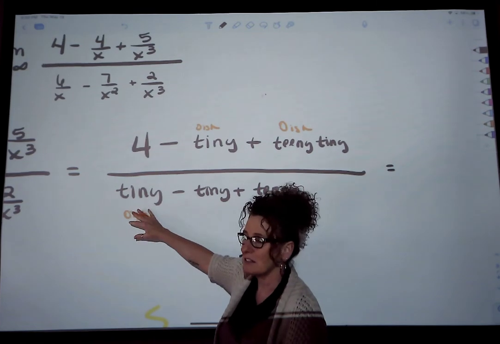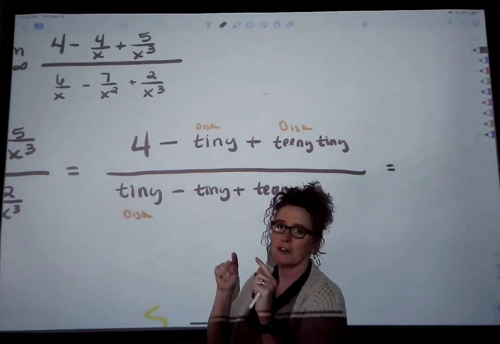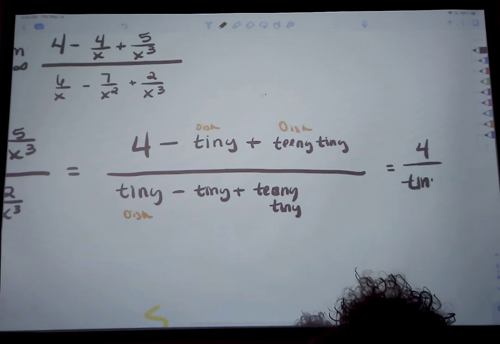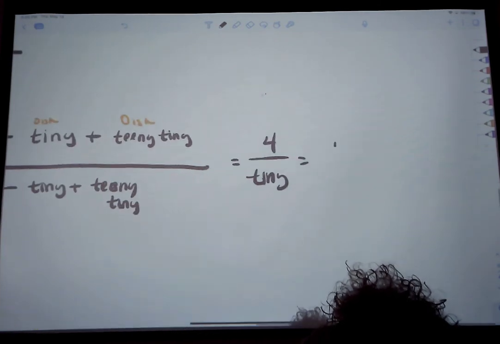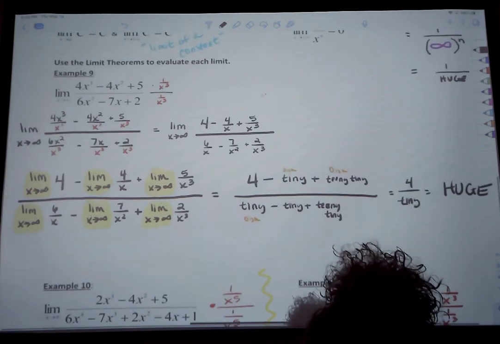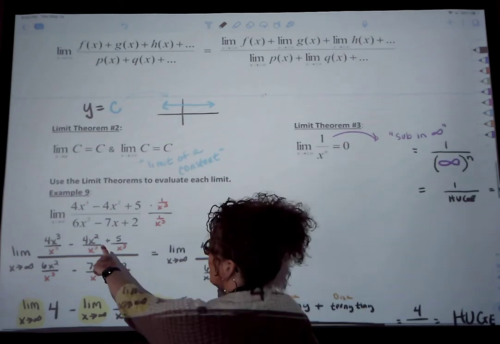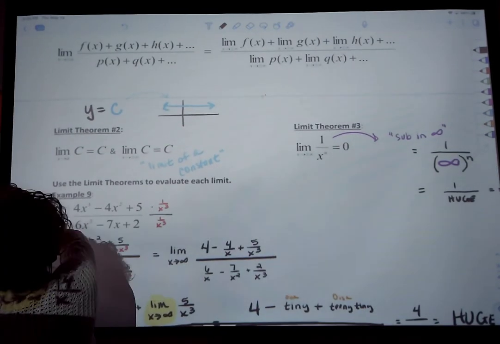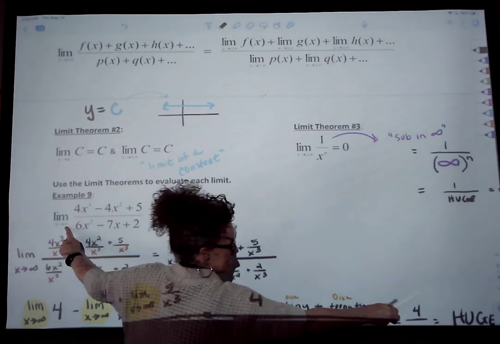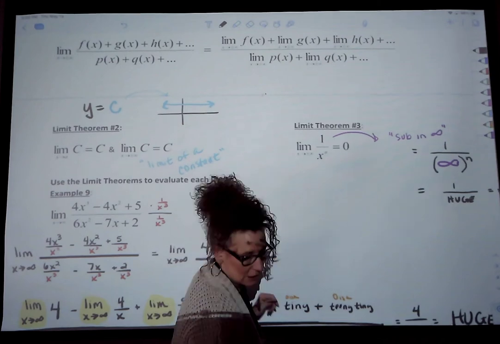The limit is 0. They're headed towards 0, but they're not there yet. So this becomes 4 over tiny, and 4 over tiny is huge. So for this function, as you look way out to infinity, where are the y values headed? Way up to infinity.